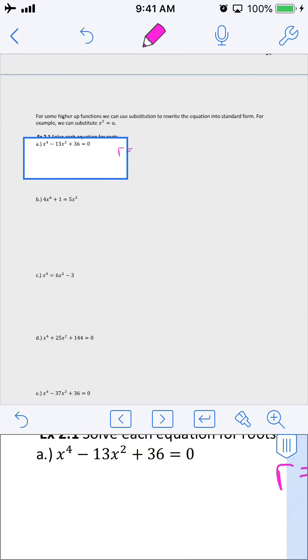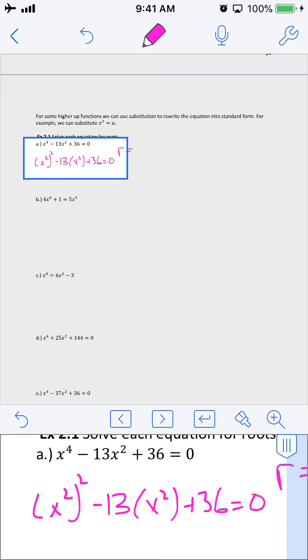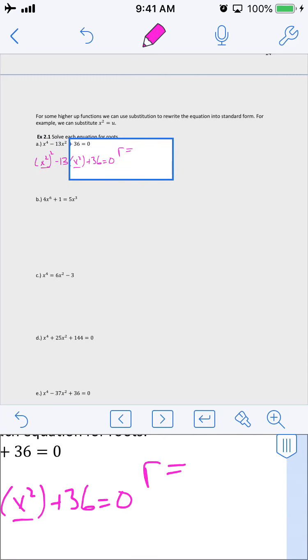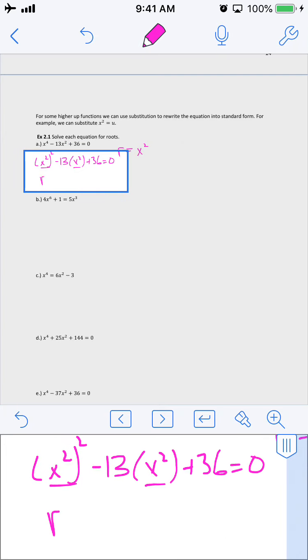Well, to the fourth power is the same thing as squared, and if I rewrite it like that, it's pretty clear what the ugly, weird part is: x squared. If I take out x squared and just make it an R, then I could solve this really fast. So I'm going to make x squared equal to R.